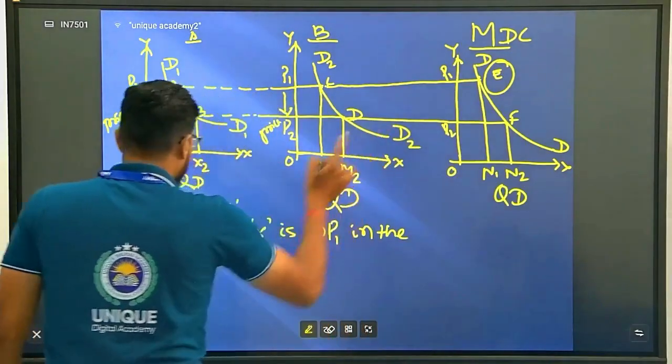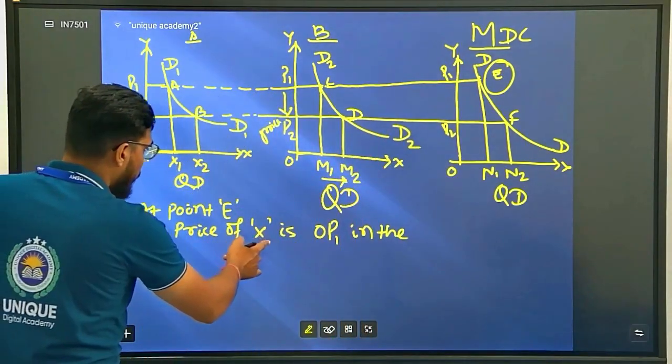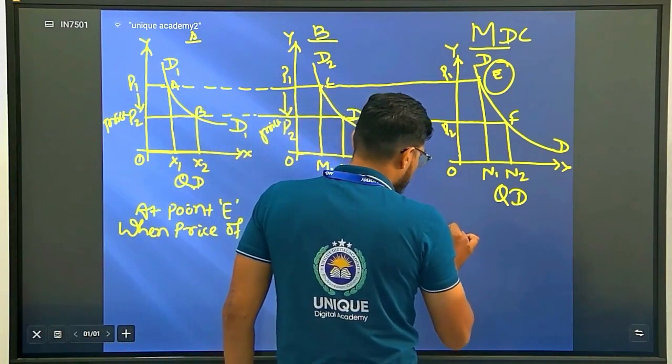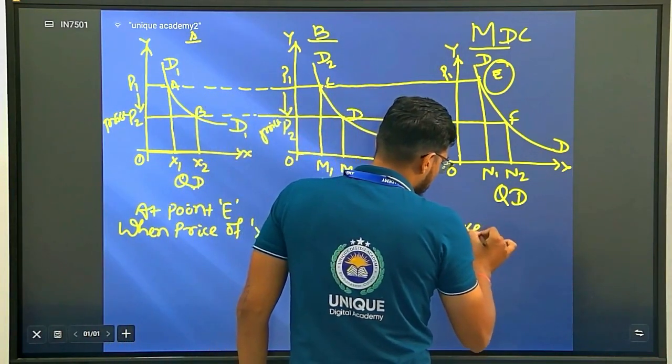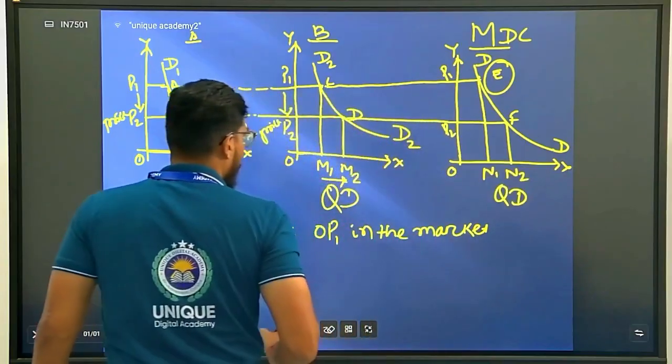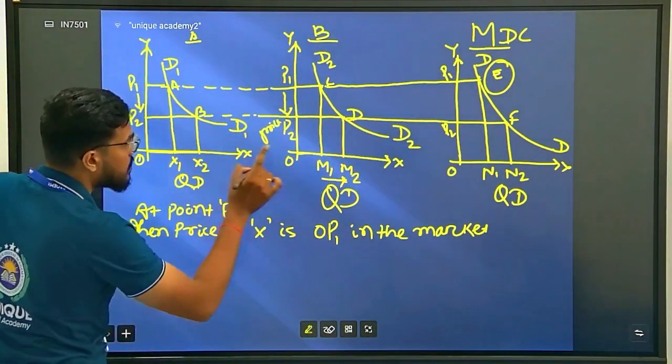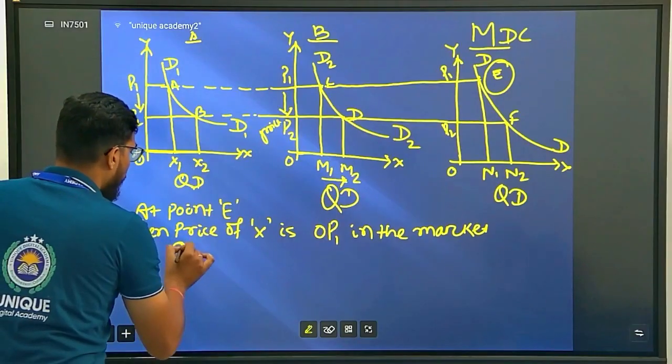So, at point E, when the price of commodity X is OP1 in the market, market demand is ON1.